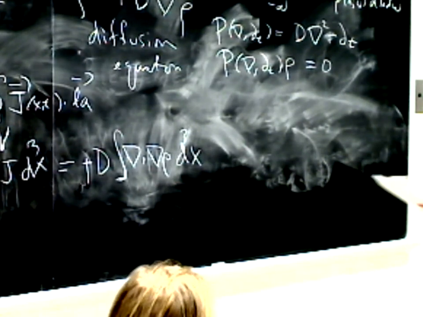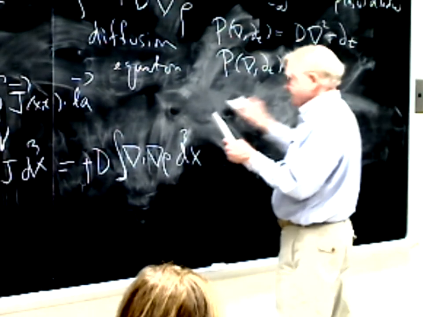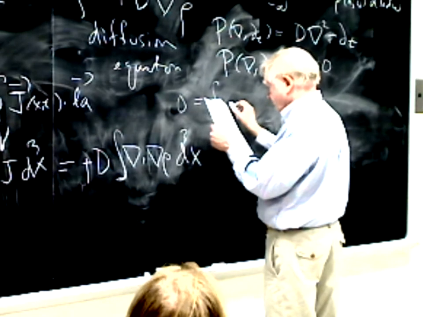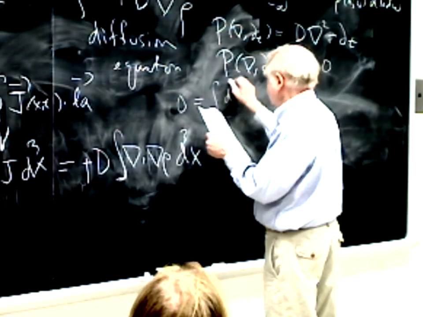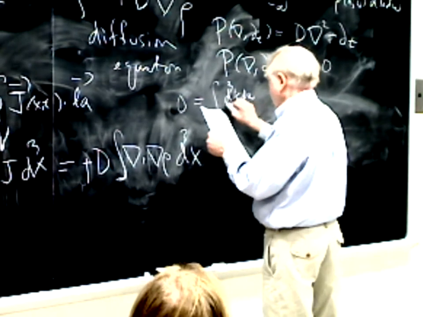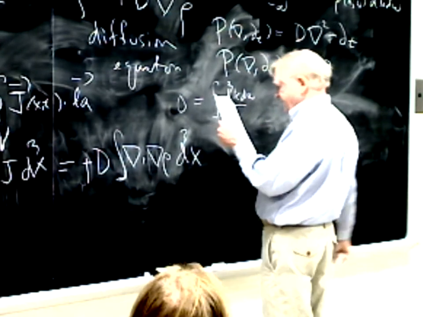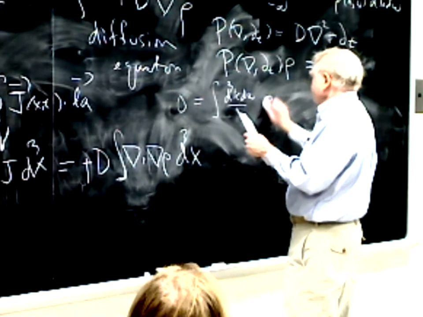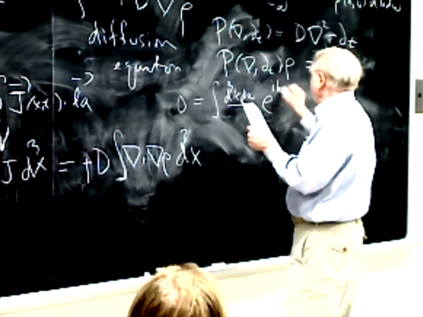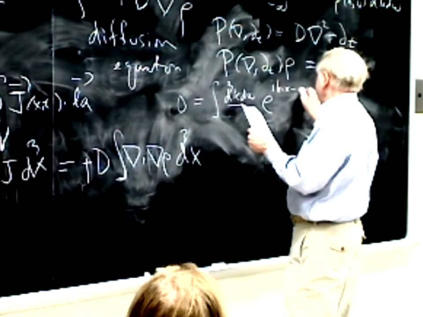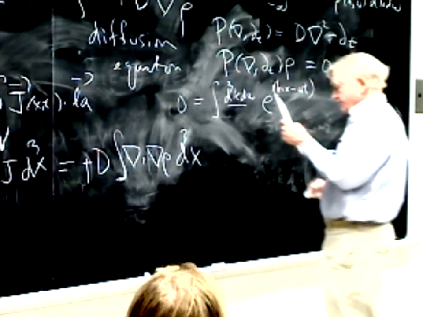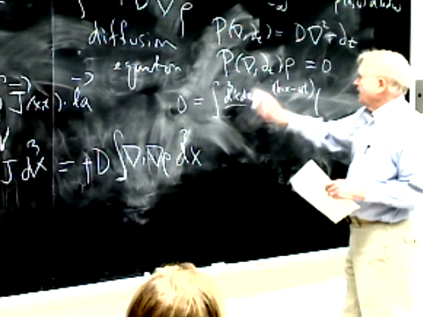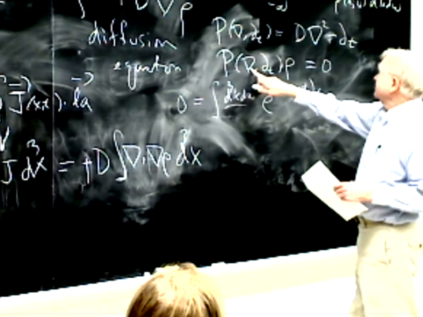All right, so what is our equation in Fourier transform space? 0 is equal to the integral, say d cubed k d omega over, well, I left out the 2 pi's, but that's okay, I'll put it back in, e to the i k dot x minus omega t. And now, p of grad, what is it?